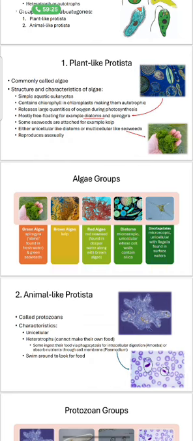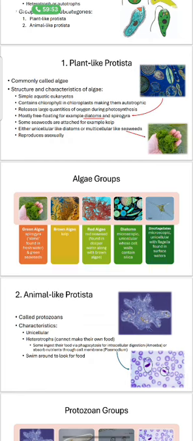Red algae is red seaweed found in deeper water along with brown algae. Diatoms, microscopic unicellular whose cell walls contain silica. And dinoflagellates is microscopic unicellular with flagella found in surface waters.